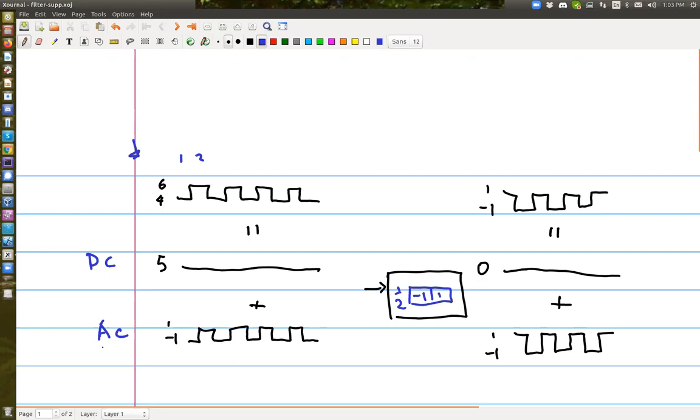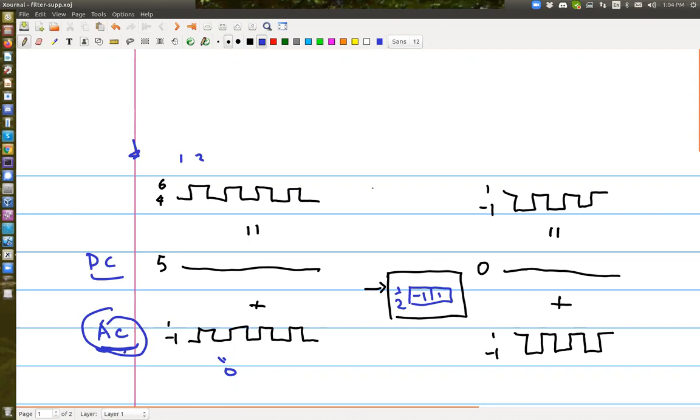And for this one, you see the average or the mean of this signal is just 0, right? So for this AC part, the alternating part, the average is 0, and the constant part is just a constant.